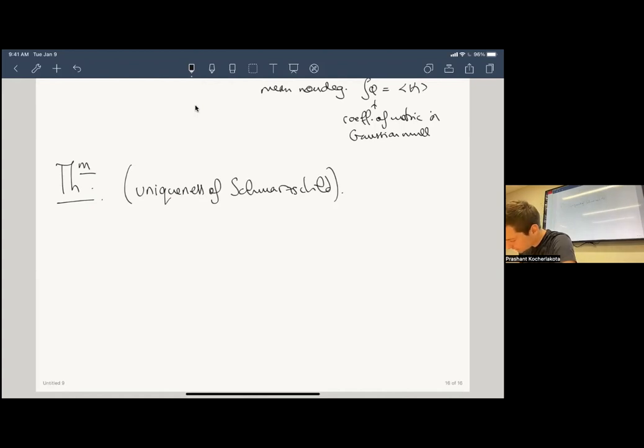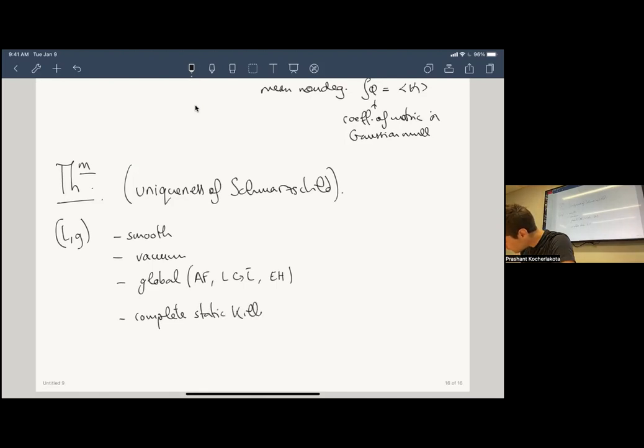It says that if the spacetime is smooth, if it's vacuum, if it satisfies some nice global conditions, like asymptotically flat, nice conformal infinity, nice event horizon, all the rest of it, and you have a complete static Killing vector field.